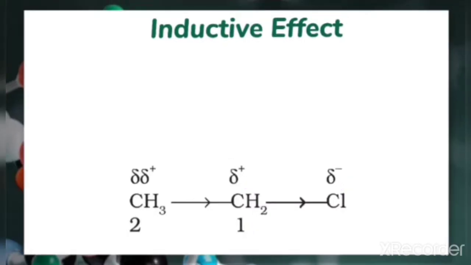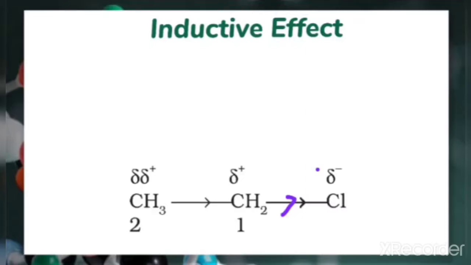Here the fractions of electronic charges on the two atoms in a polar covalent bond are denoted by the symbol delta, as written here.